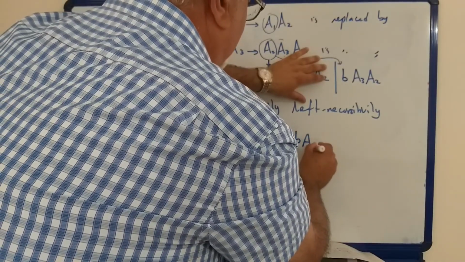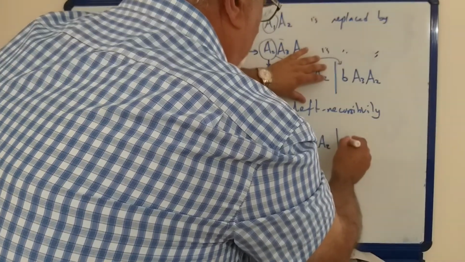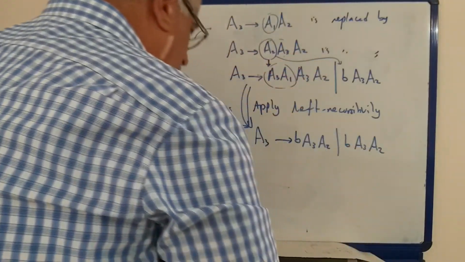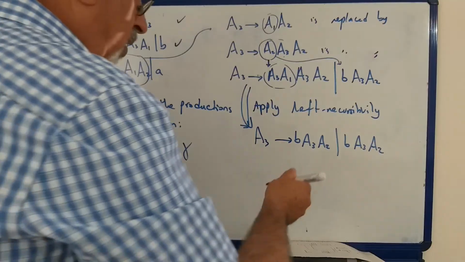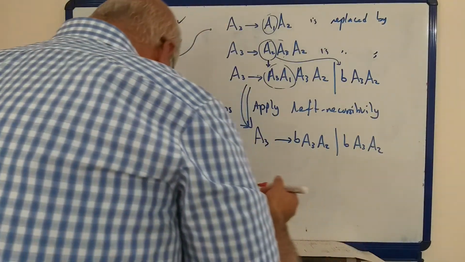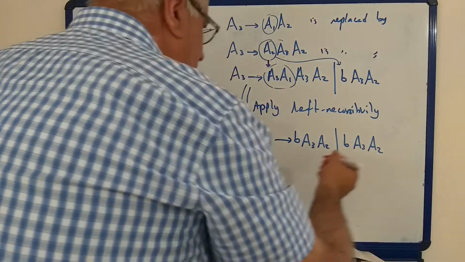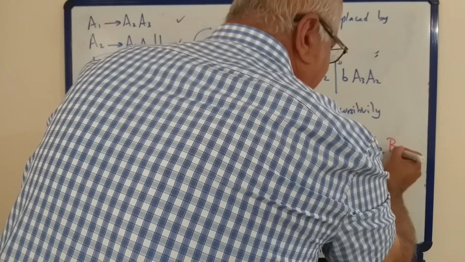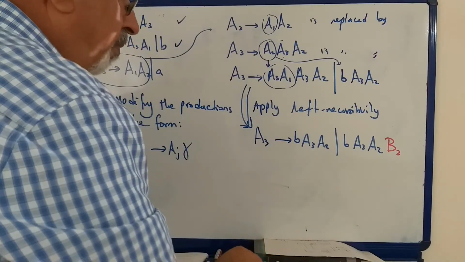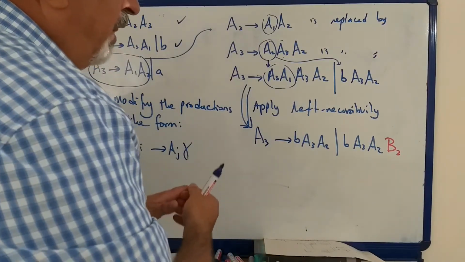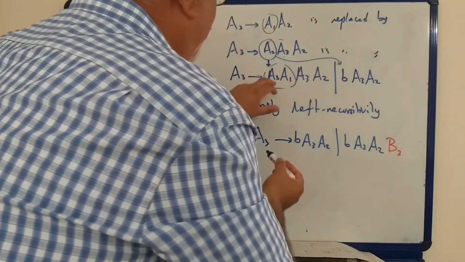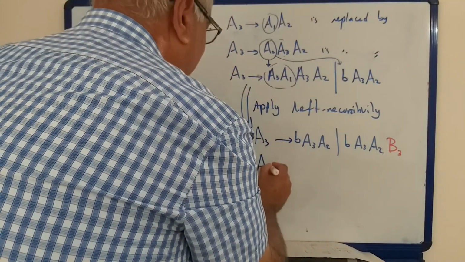B, A3, A2, or B, A3, A2, Z. Let me name it B3; you can name any variable. Then, hiding this, what will be the remaining without left recursion?